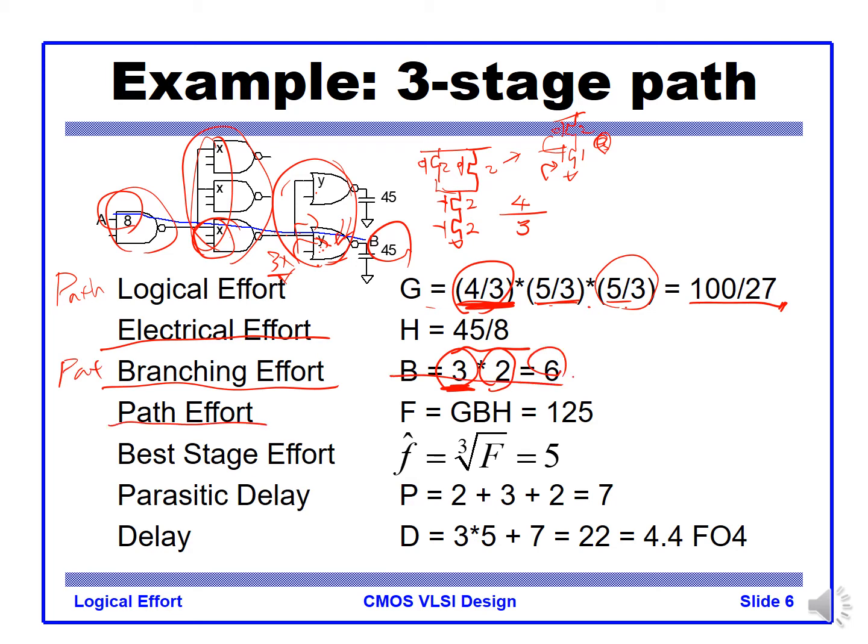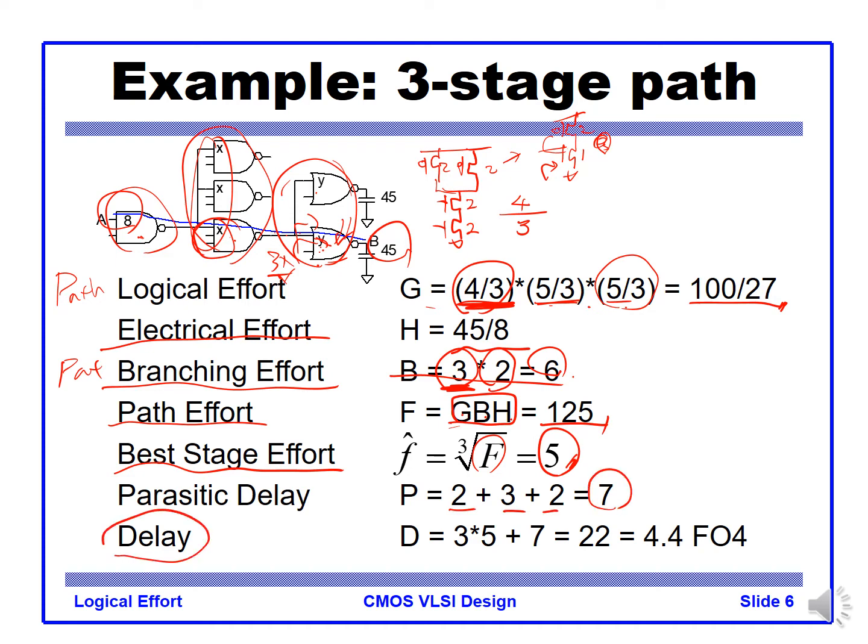Now the path effort will be the multiplication of all of G, B, and H, that is 125. Now the optimum stage effort will be the nth root of F, that gives us 5. Now we calculate the parasitic delay for each logic stage, that gave us 2, 3, 2, a total of 7.